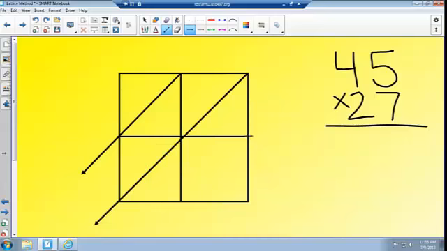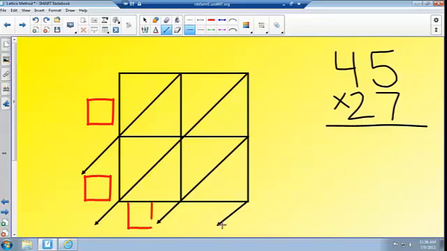I like to leave some of my diagonal hanging off the end so that I have a place to put my final sums that I will add up later.